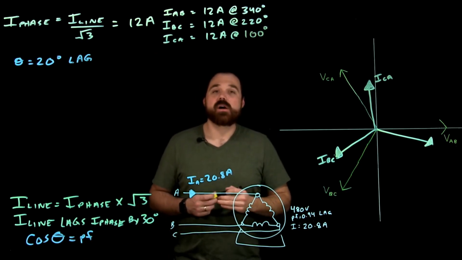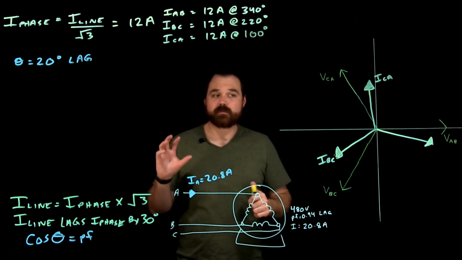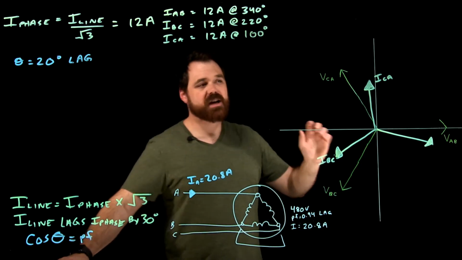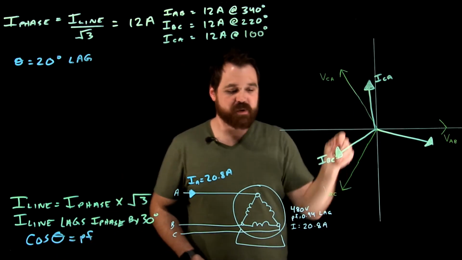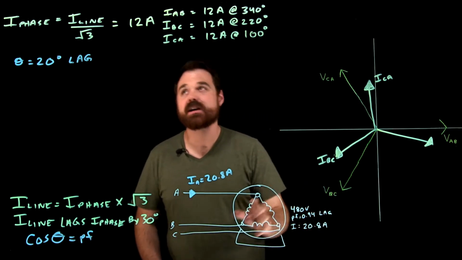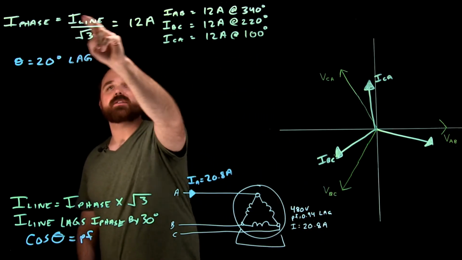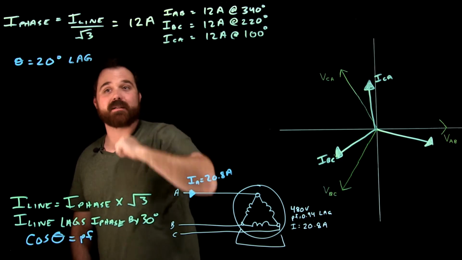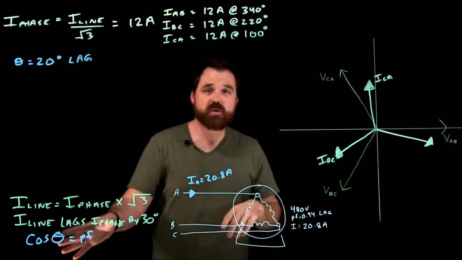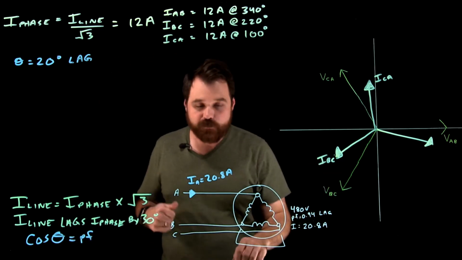Fantastic. So we've established where all our phase currents are based on the power factor in the phase and based on the fact that our phase current is just line current divided by root 3, coming from these rules, which we just need to know.